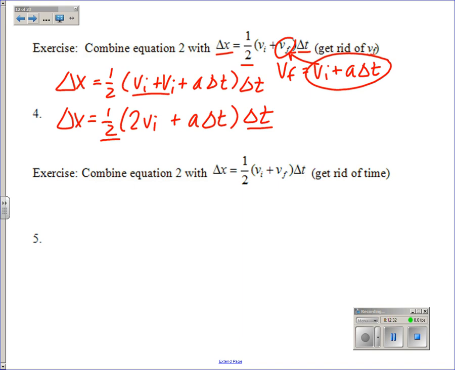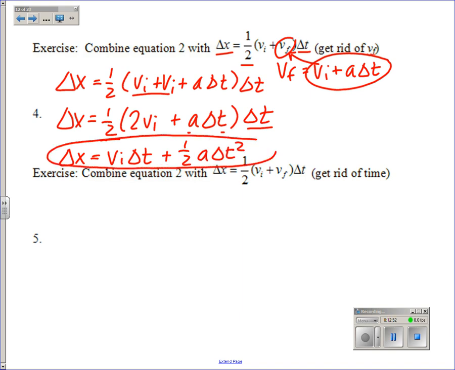So 1/2 times delta t times 2vi is vi delta t. 1/2 times a delta t times delta t is 1/2 a delta t squared. Let me just take this moment to point out that it is imperative that you have good algebra 2 skills or advanced algebra skills in order to be able to do these kinds of manipulations.